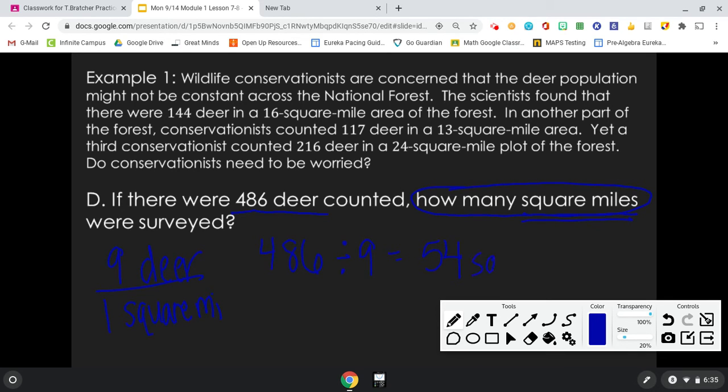So we know our quantity we're measuring is 54 square miles, which again should make sense. If there's 9 deer in 1 square mile, if you have 486 deer, you are going to need more square miles than just 1. And we do have a really big hint for you later on to figure this out. Okay, and it deals with our y value being on top and our x value being on the bottom.